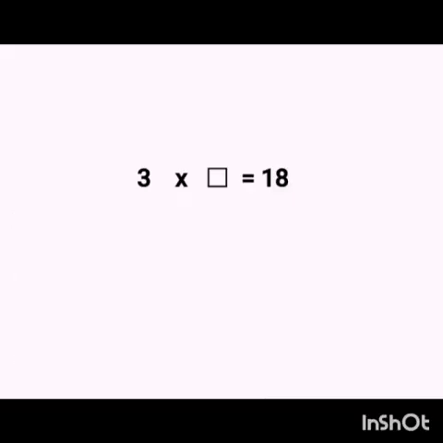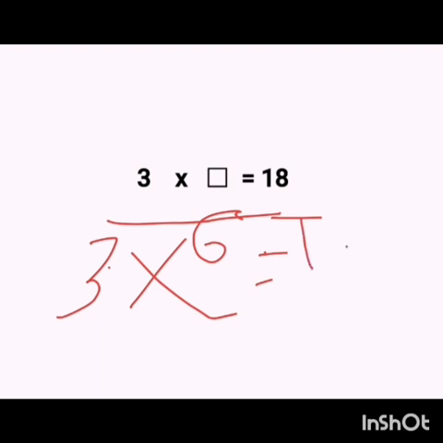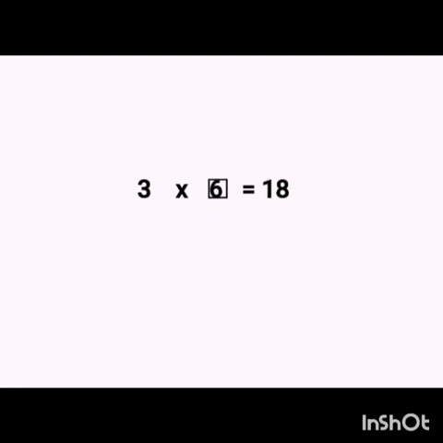So now in this case, 3 into something is 18, and what is that? 3 into 6 is 18. We know that 3 into 6 is 18, right? It is formed by multiplying 3 with some other number. So I can say that 3 is a factor of 18 and also 6 is a factor of 18, because 6 multiplied by 3 gives 18.